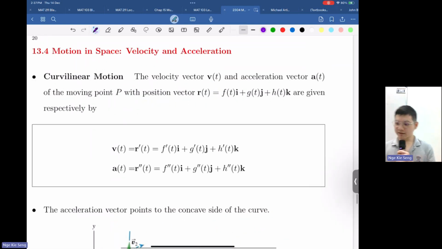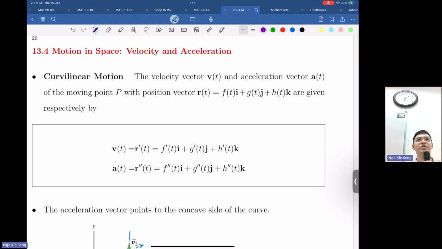Okay. Next. So this one I think is some project of some of you. This is motion in space. So why are we differentiating the vector function? If you differentiate once, it represents the velocity.